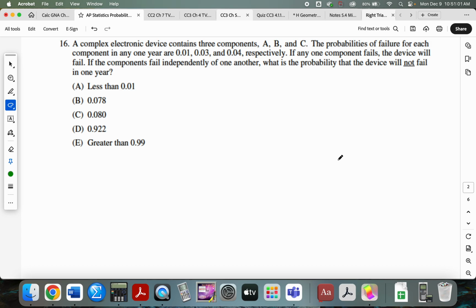If we want the device to not fail, we want A to not fail, and B to not fail, and C to not fail. So we want 0.09 times 0.97 times 0.96. Would it be 0.99?